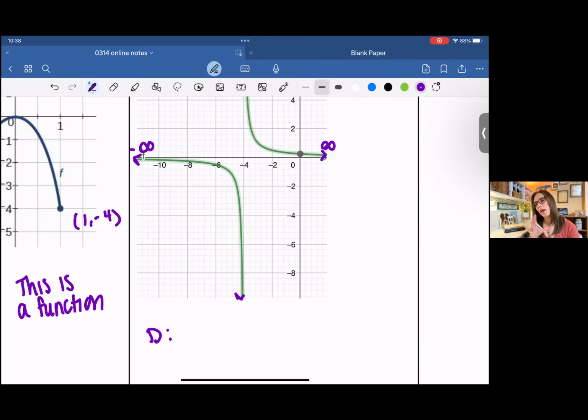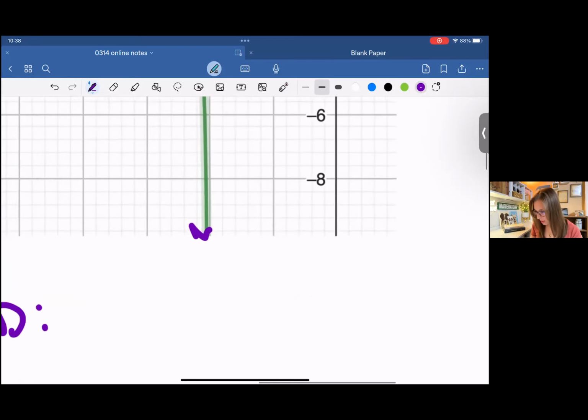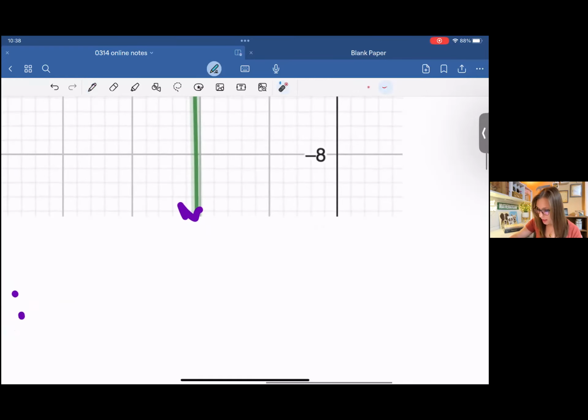It goes all the way up to -4, and it's hard to tell, but you can kind of see here, this green line gets up really, really close to -4, but never touches it. So I need to say that in my interval notation. I need to say it goes up really close to -4, but never touches it.